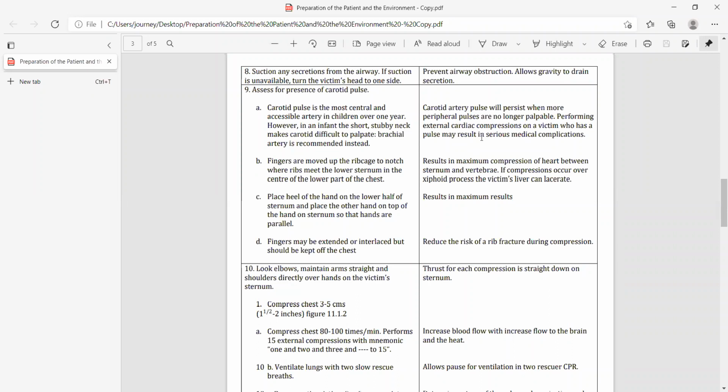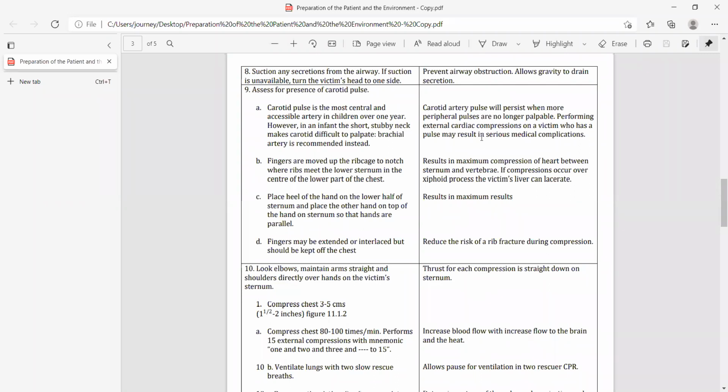So we place one hand on the lower half of the sternum and another hand on top of it. This procedure is used to keep the hands parallel, okay.